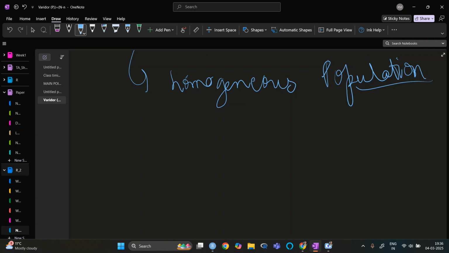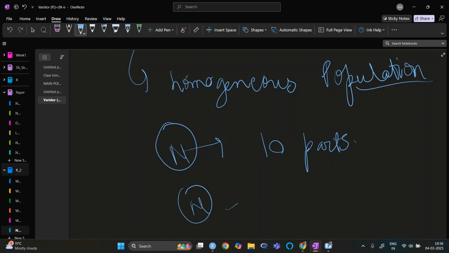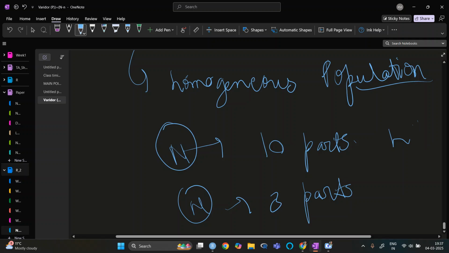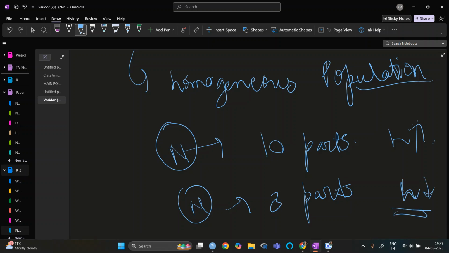Here I am dividing into 10 parts, here into 3 parts. So homogeneity inside all 10 parts is greater than homogeneity here. Here it will be more heterogeneous, and more heterogeneous means the variability will be high.